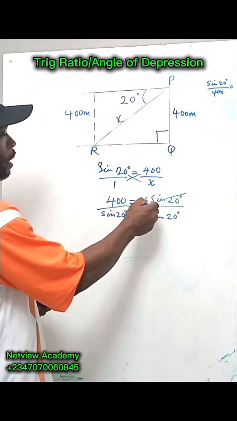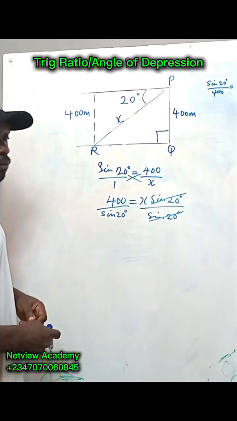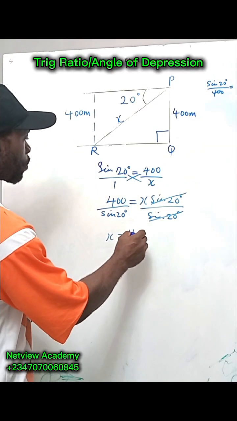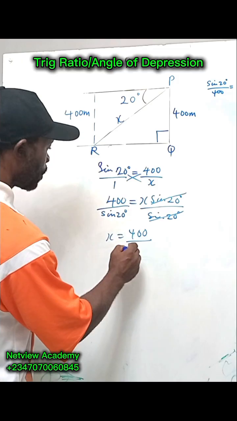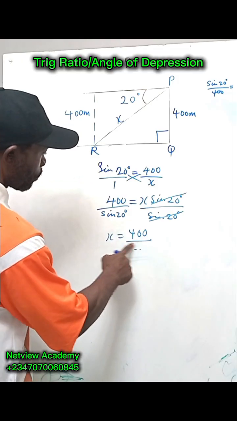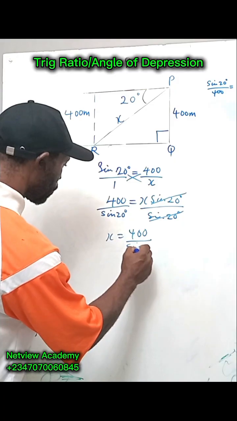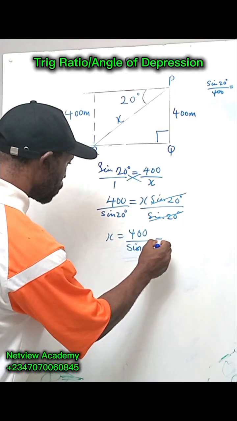Sine 20 degrees will cancel out sine 20 degrees on this side of the equation. Therefore, x is equal to 400 all over sine 20 degrees.